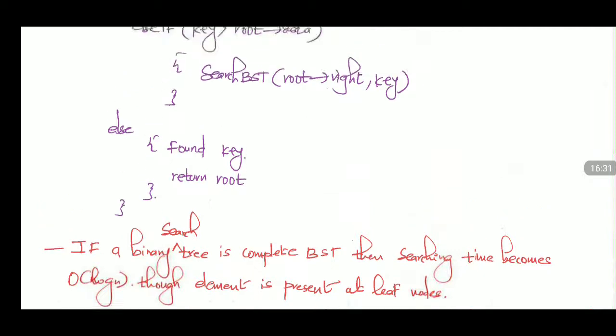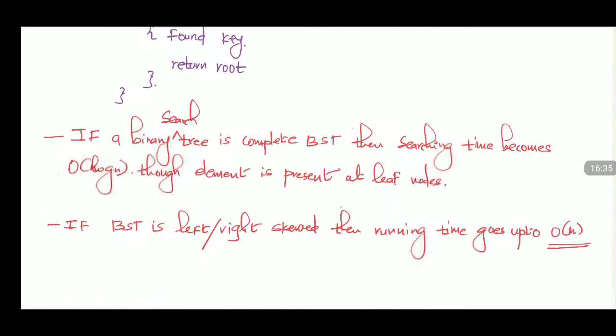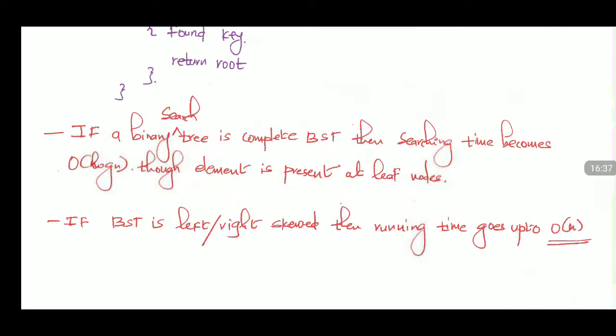And this process continues till we get the desired element. Basically, our search will terminate positively or negatively. If our search terminates positively, it means we found the key, and if it terminates negatively, it means we did not find the key. We traverse the tree till all the leaf nodes and we do not get it.